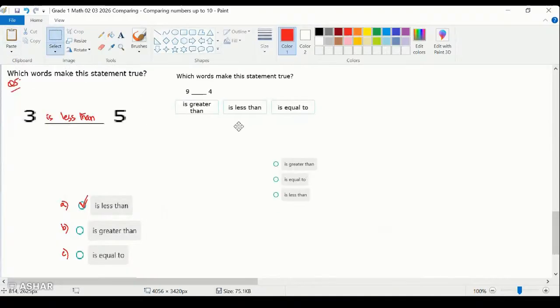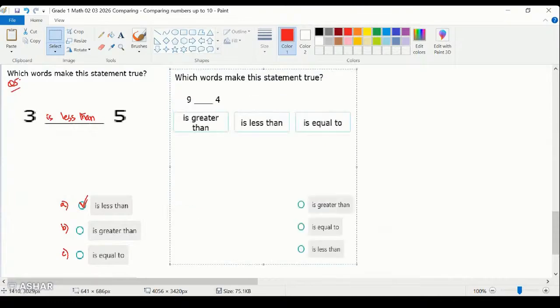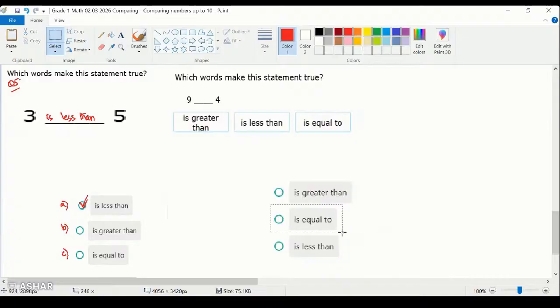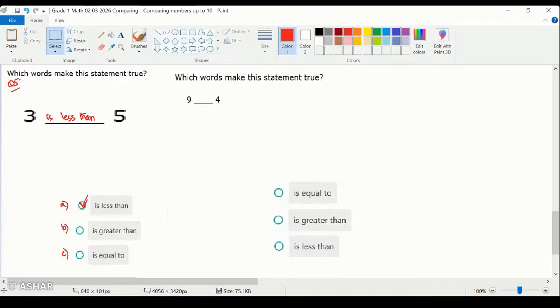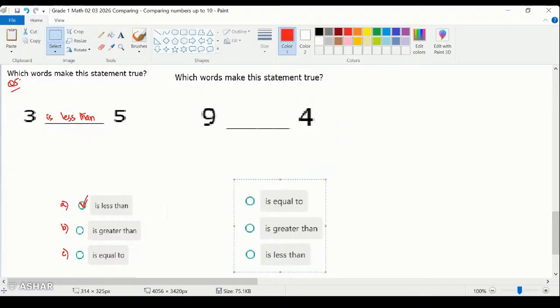What about the next question? The question says we are comparing 9 and 4, and the options are is equal, is greater, or is less than.